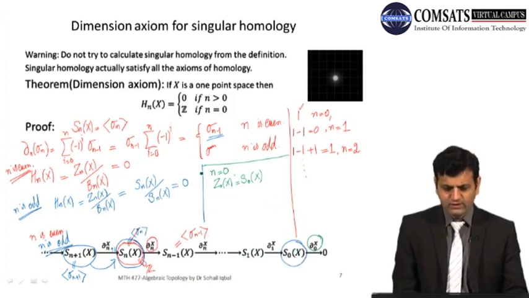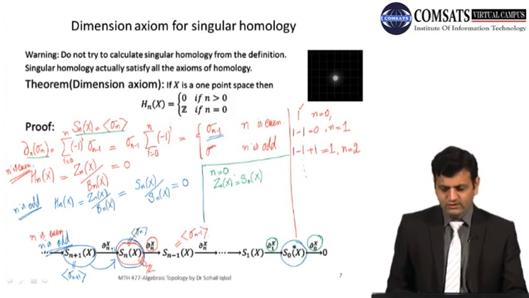Let's see if it is true. We have already calculated S_n and the boundaries, and we have shown that when n is odd, everything is going to 0, and in this case 1 is odd, so everything is going to 0. In other words, the elements of S_0(X) which are images of elements of S_1(X) is only 0.